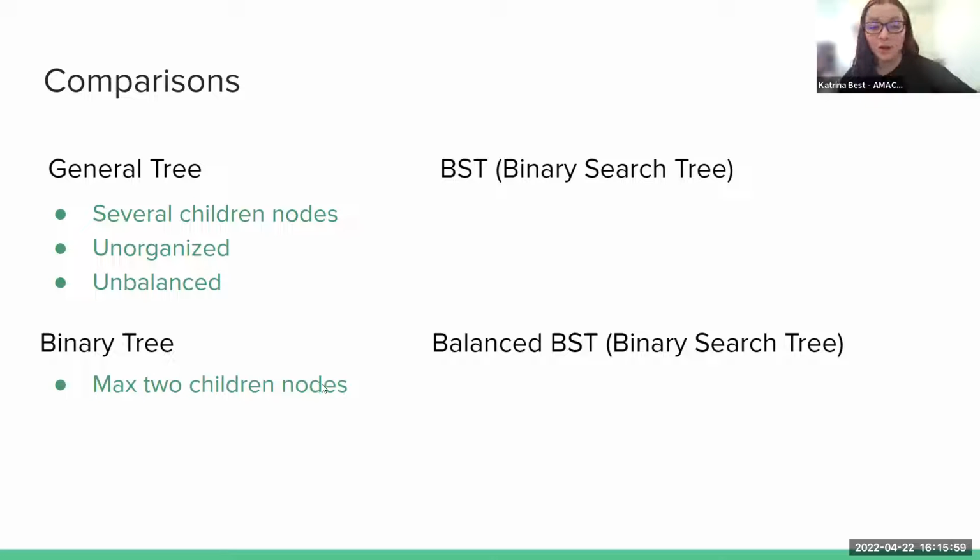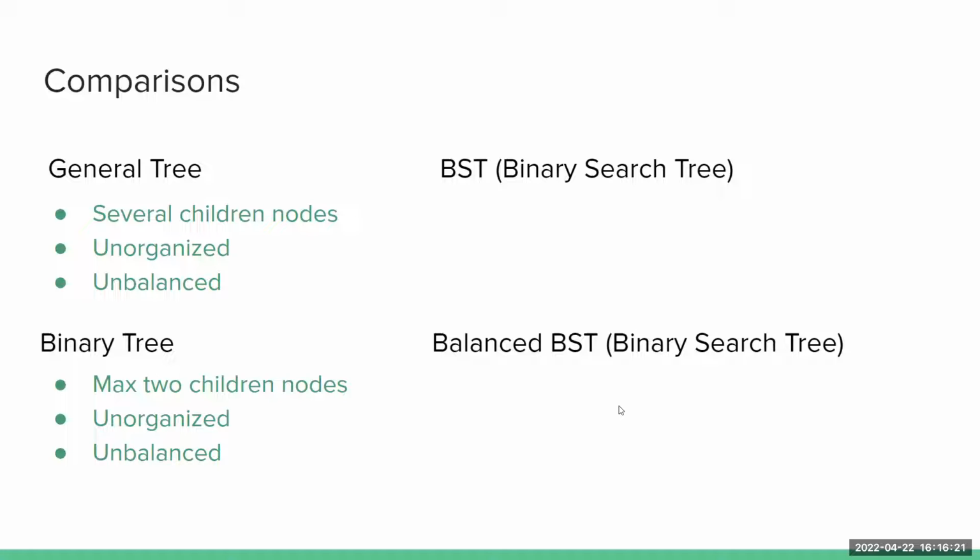So for a binary tree, it's also max 2 children nodes. But the difference between a binary tree and a BST, a binary search tree, does anybody know? Wouldn't it be the fact that it's organized, like greatest and smallest? Perfect. Yeah. On the left side of every node, the left child has to be less.